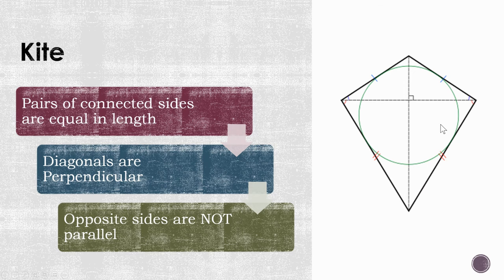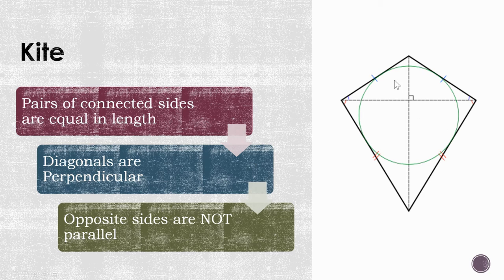All right, a kite. The best way to imagine this shape is an actual kite. When you are thinking about flying a kite, if you've ever seen Mary Poppins, that's exactly what we're talking about. Pairs of connected sides are equal in length.